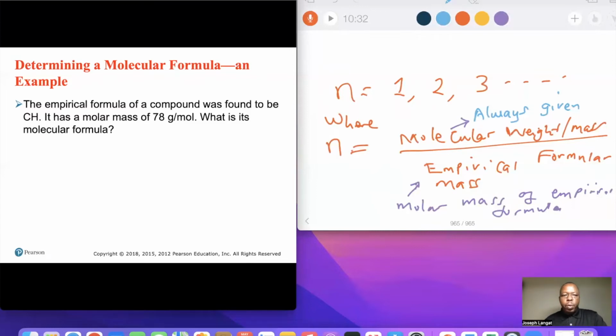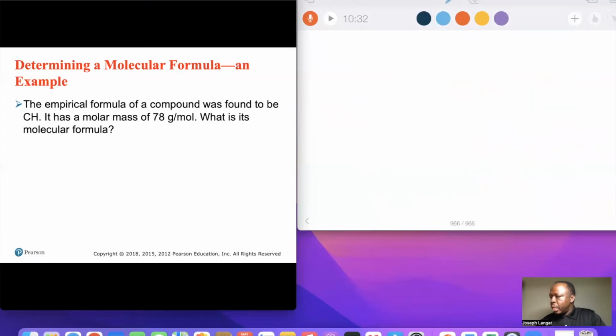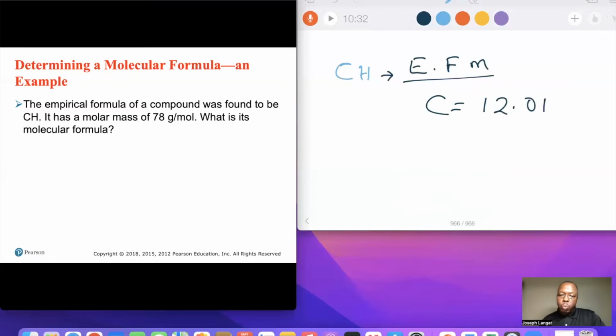So we know this is the molar mass, which will always be given at the top. If I'm given the empirical formula, I can find the molar mass of the empirical formula. So if this is the empirical formula, the empirical formula mass is given by 12.01, to 2 places of decimal.